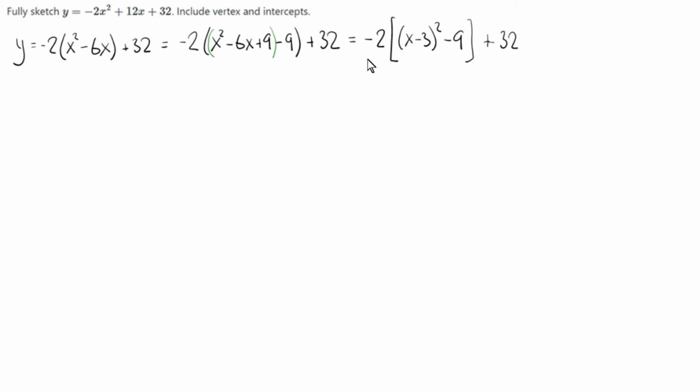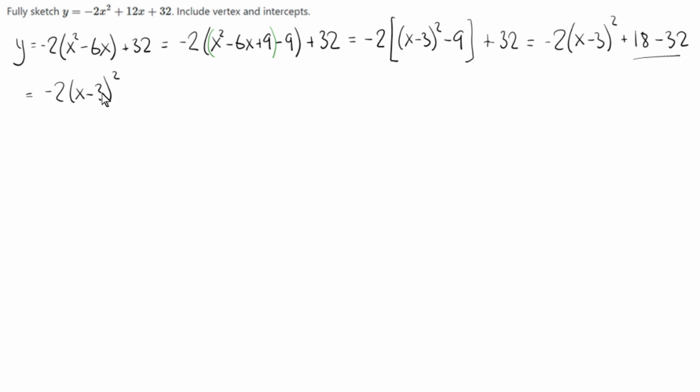Next, we're going to multiply this negative 2 back into the bracket using the distributive property. So we're going to get negative 2 times x minus 3 squared plus 18 minus 32. We combine those last two numerical constants, giving us negative 2 times x minus 3 squared.